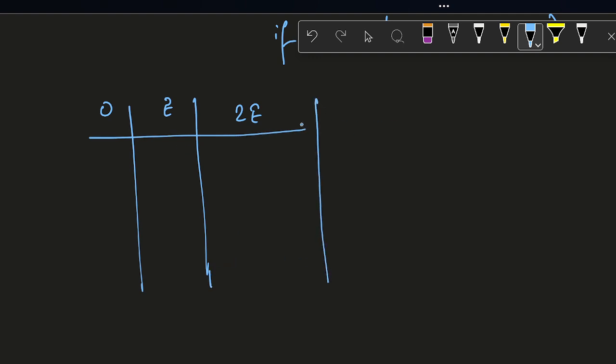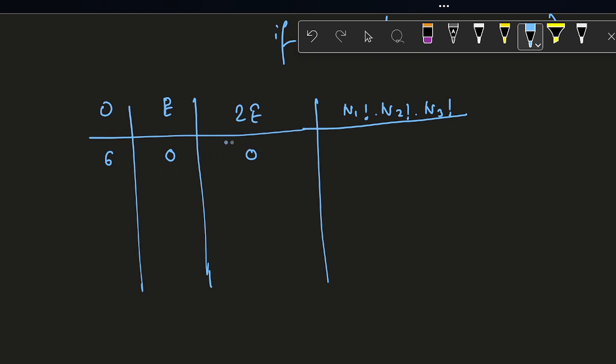Let's make a fourth column to identify n1 factorial times n2 factorial times n3 factorial. Because there are 6 particles, how can you distribute them? First of all, put all 6 in one level. So let's say 6, 0, 0. That means you put all 6 particles on level 0, and the other levels remain empty.